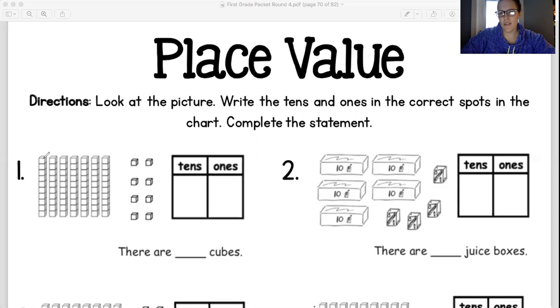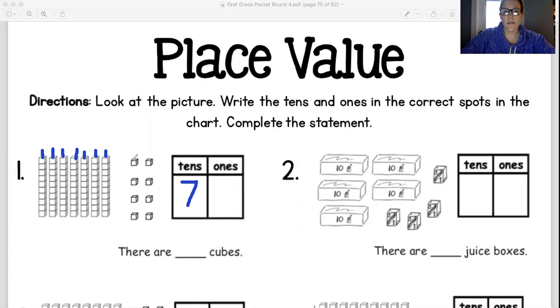It's pretty tricky to do on the computer, so I'm just going to put a little line above my groups of 10 when I count, okay? Let's count our groups of 10: 1, 2, 3, 4, 5, 6, 7. I have 7 groups of 10, so I'm going to write the number 7 under the tens section.